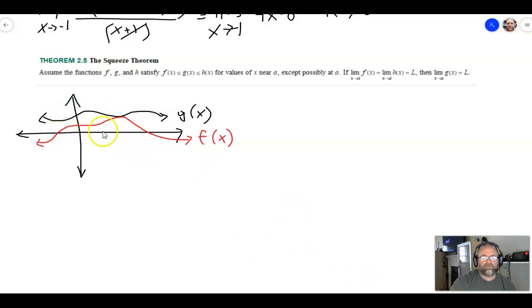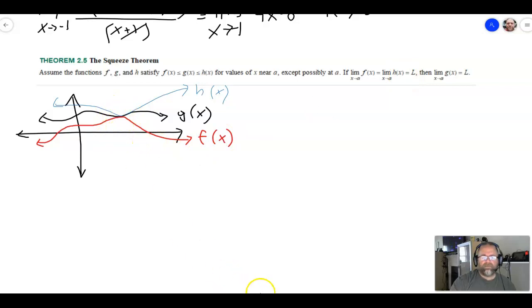So it just touches right there. It doesn't cross over, so here is my h of x. So this satisfies this definition here. And here it says that the limit of the top function is equal to the limit of the bottom function.